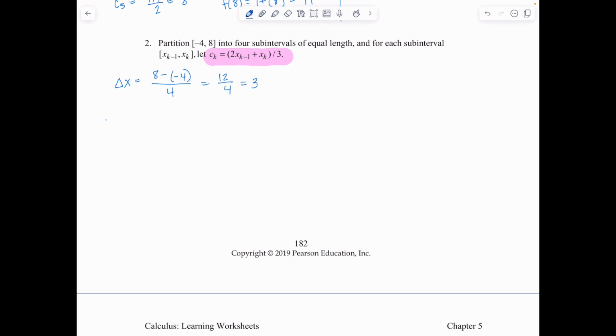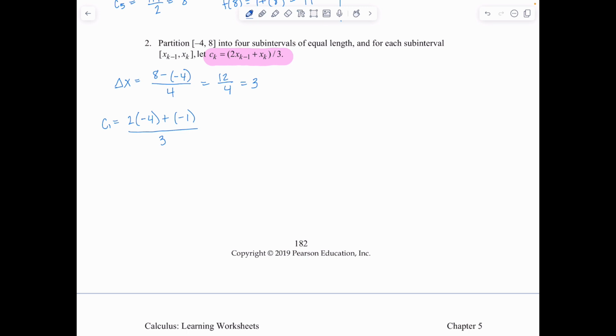So we have c sub 1 is going to be 2 times x sub k minus 1, that's our -4, plus x sub k, that's our -1. Oh, no, yeah, our -1. And it's divided by 3, it says.